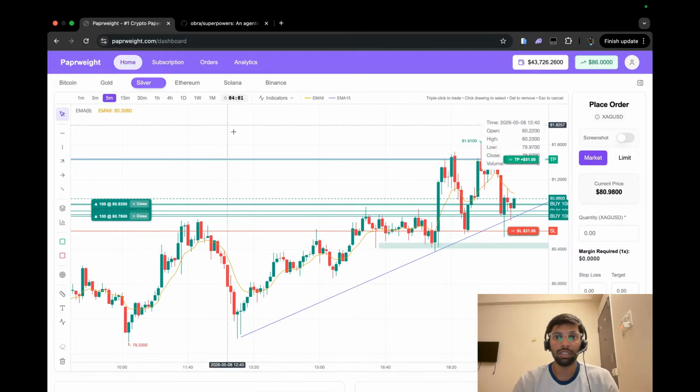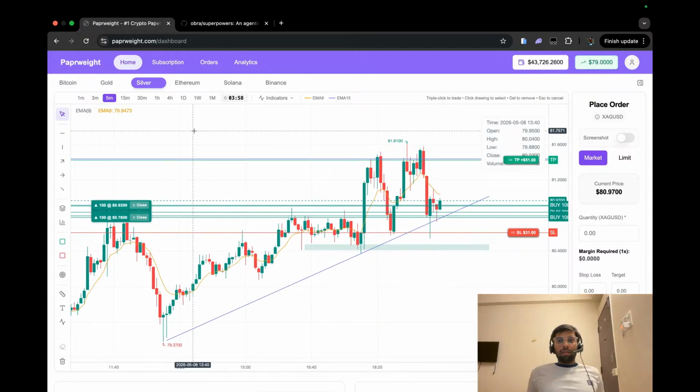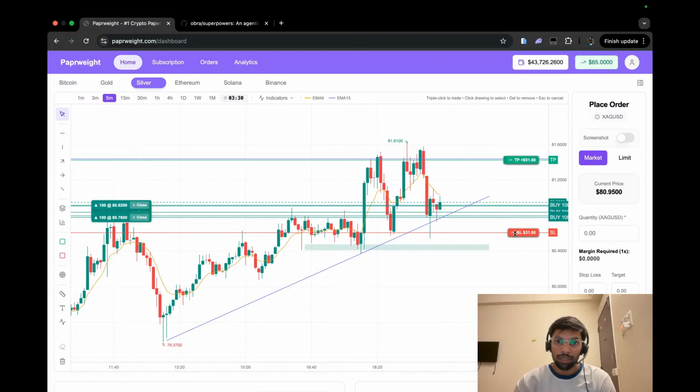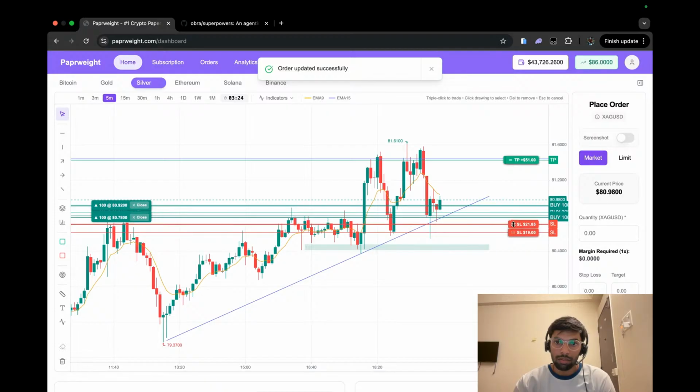In silver, as you can see, the market is quite bullish. We can start minimizing our stop loss.